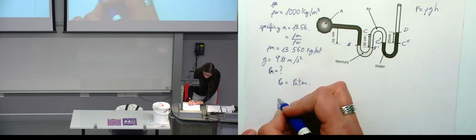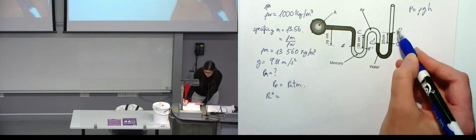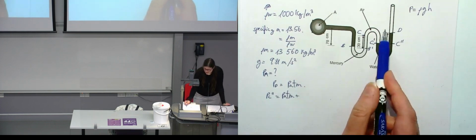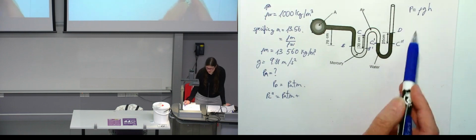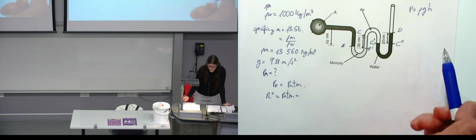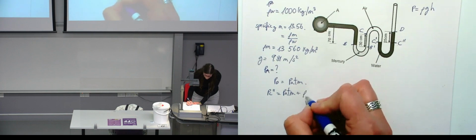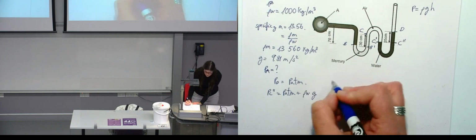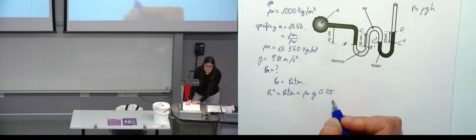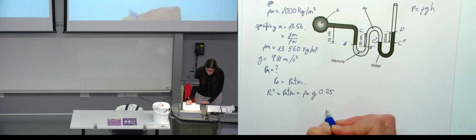So in C double prime it would be the pressure at D, which is the atmospheric pressure, plus this distance, so the density of water times gravity times 0.25. It's important to always have all the units in the international system.